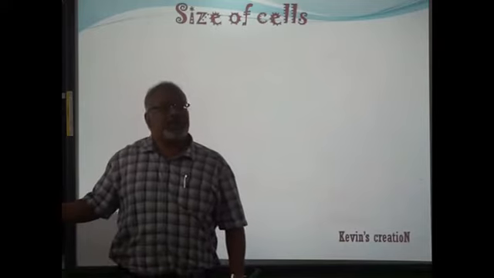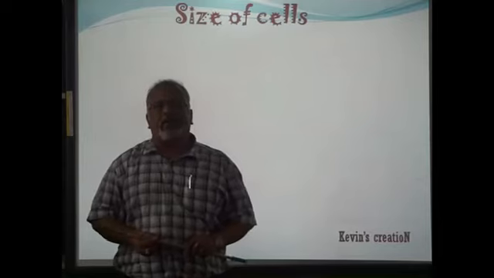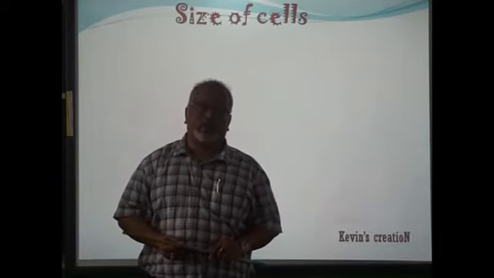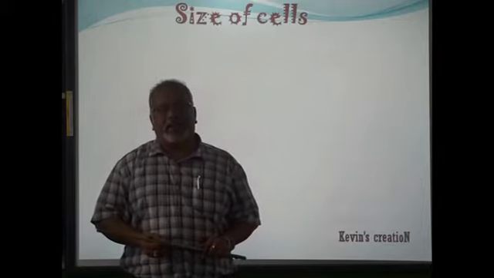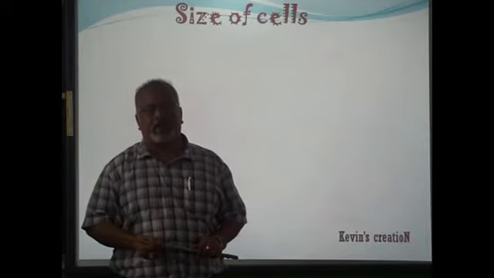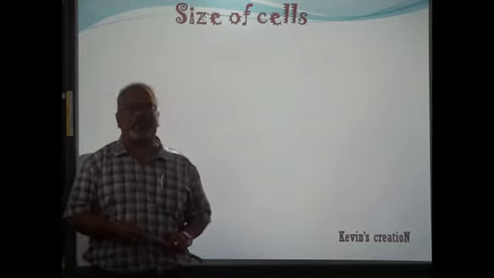Now comes the size of the cell. Usually all the cells are very, very small. They are microscopic in nature. That means you cannot see them with your unaided or naked eyes. You have to use a lens or microscope to see these cells.